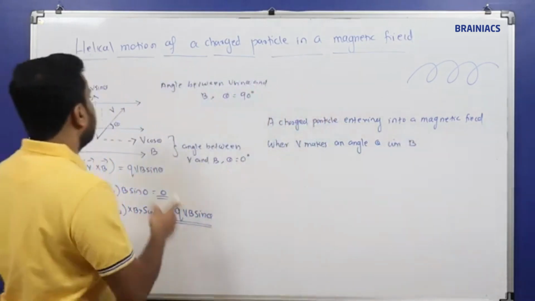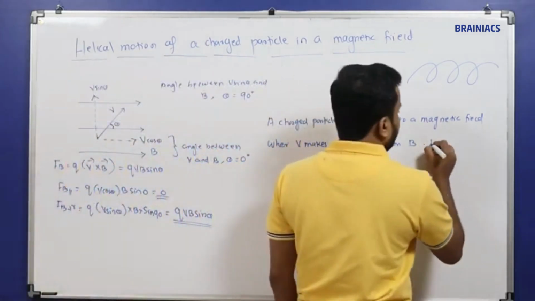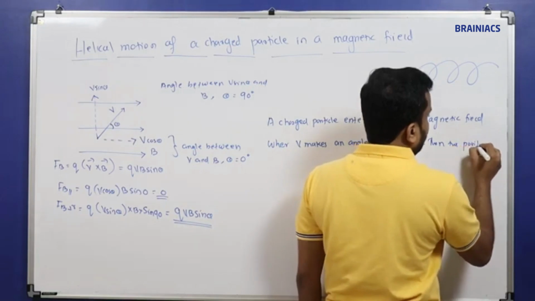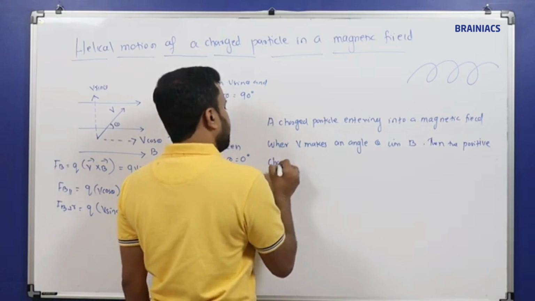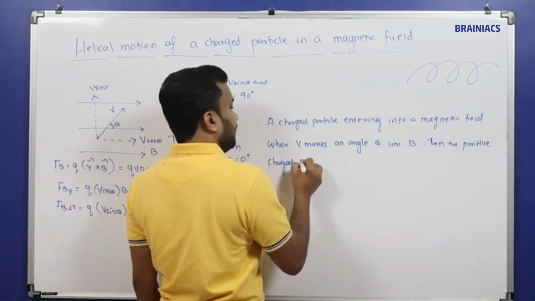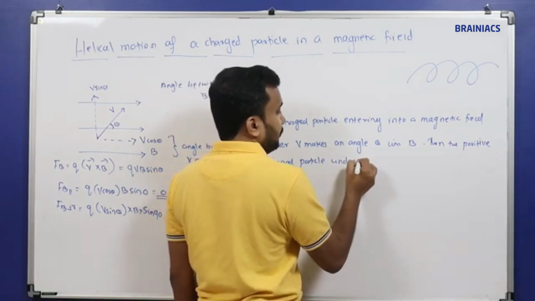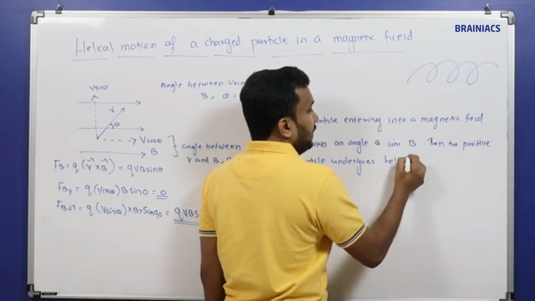V makes an angle theta with the magnetic field. Then the positive charged particle undergoes what type of motion? Undergoes helical motion.